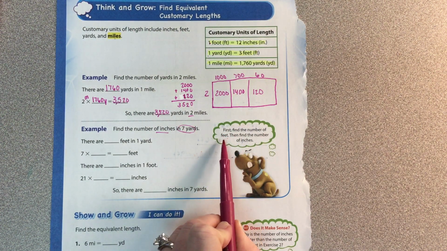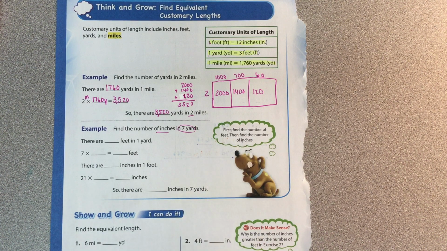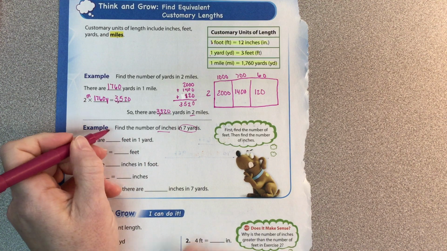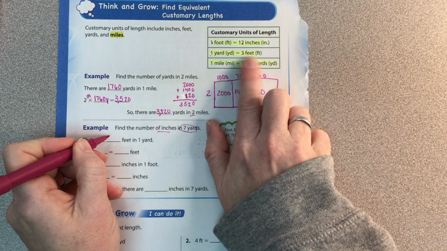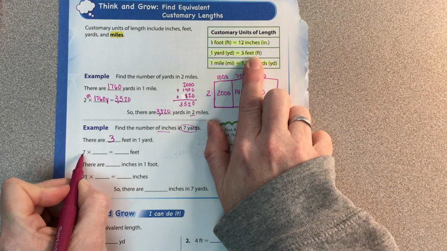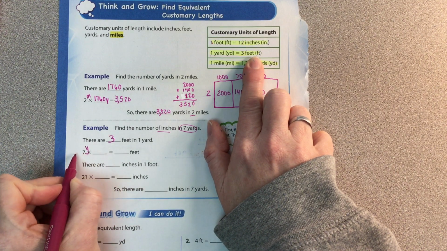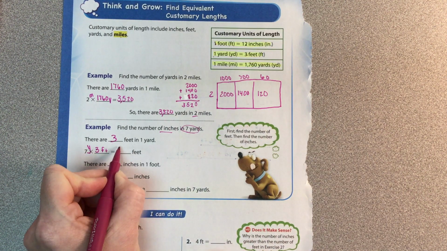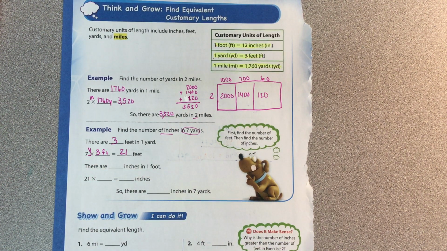First, find the number of feet, then find the number of inches. Okay, there are how many feet in a yard? 1 yard equals 3 feet. So 7 yards times 3 feet. Well, 7 times 3 is 21 feet.